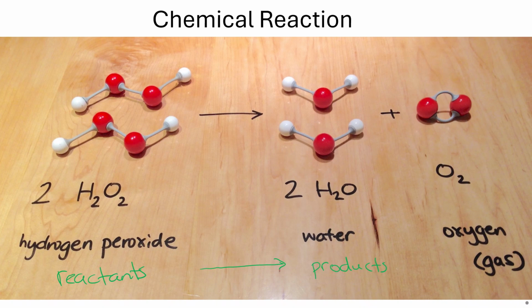With that said, bonds being broken and bonds forming can only happen if there's enough kinetic energy when these molecules collide. And when the molecules collide, they also need to collide in proper orientation for the products you see here to form.